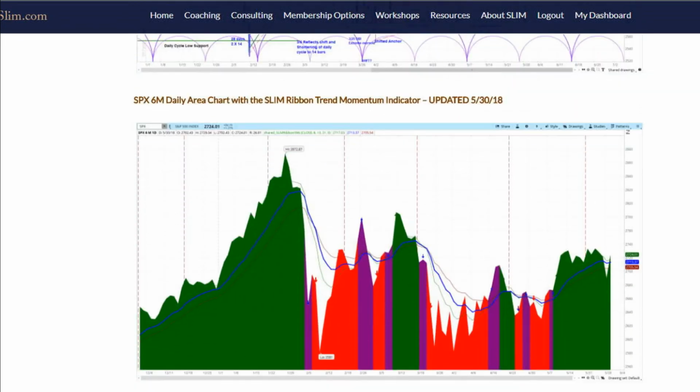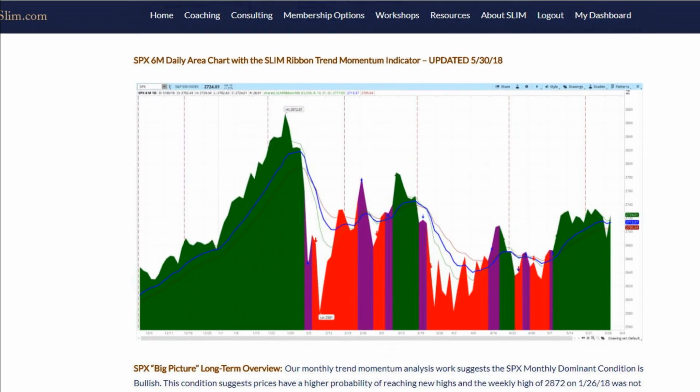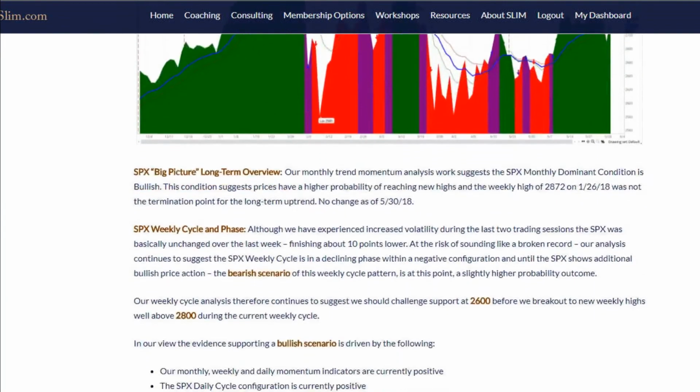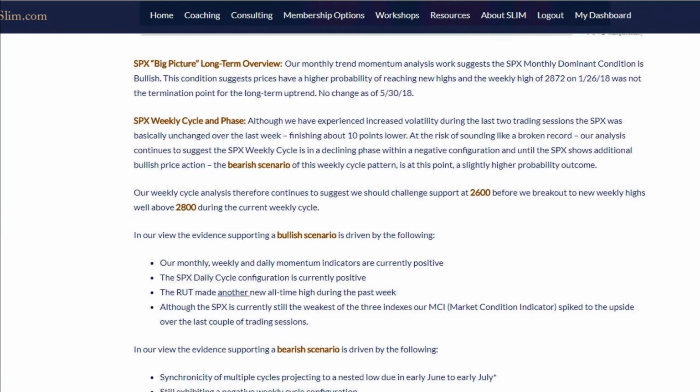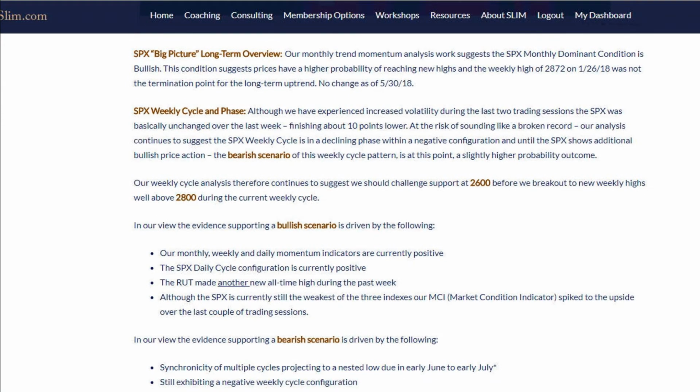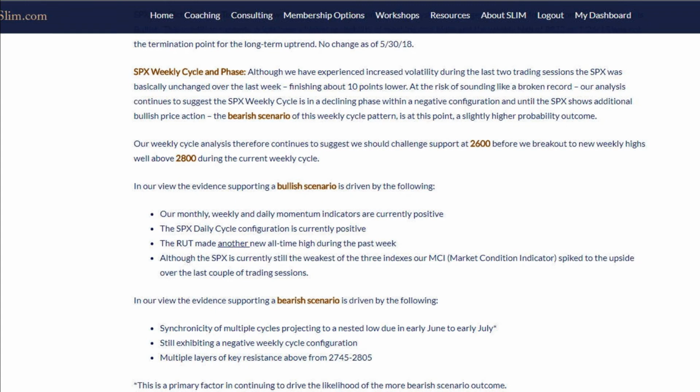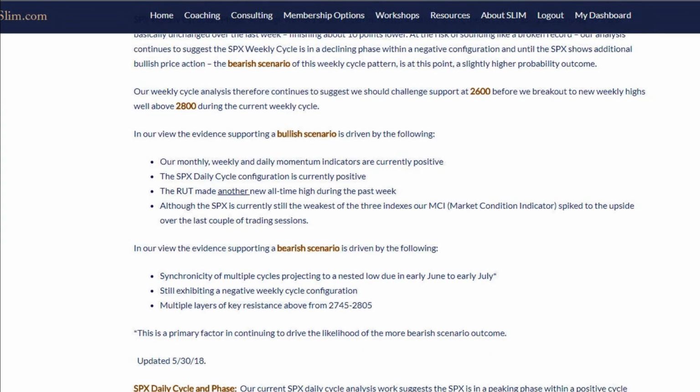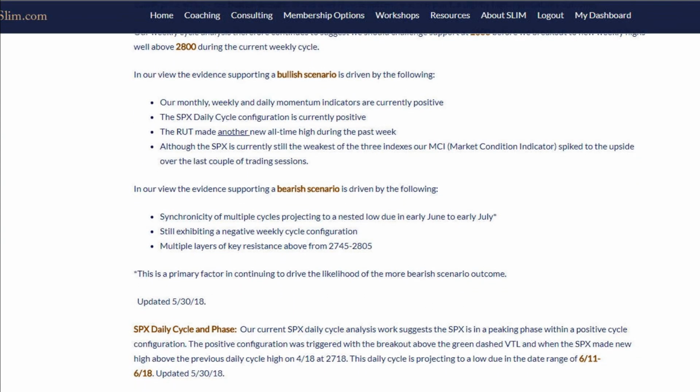And then you can see here as you look at the momentum, it's still positive momentum by how green it is. You can see that on the right side, but you don't quite get all of that looking at the charts. Well, right over here, we do a great overview for you where you can just read all about what our analysis is and then have a great sense for what our projections are, what our scenarios are.